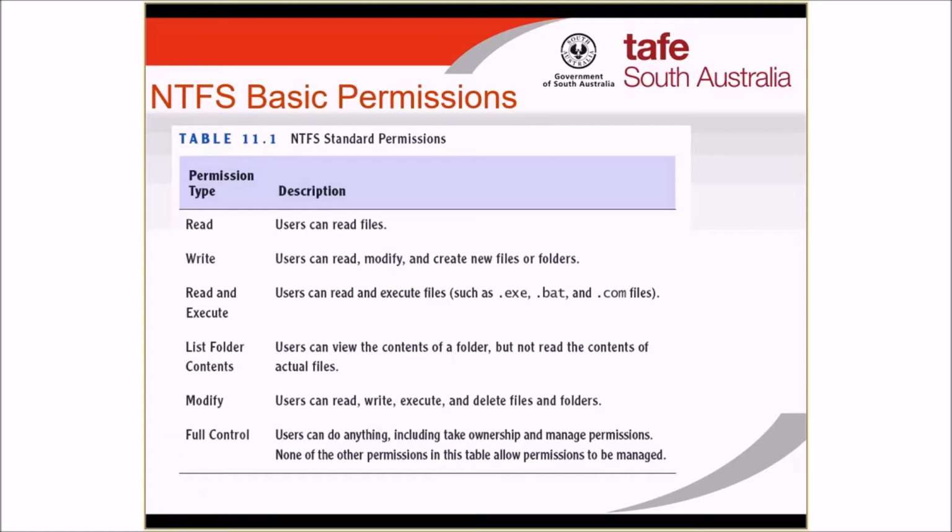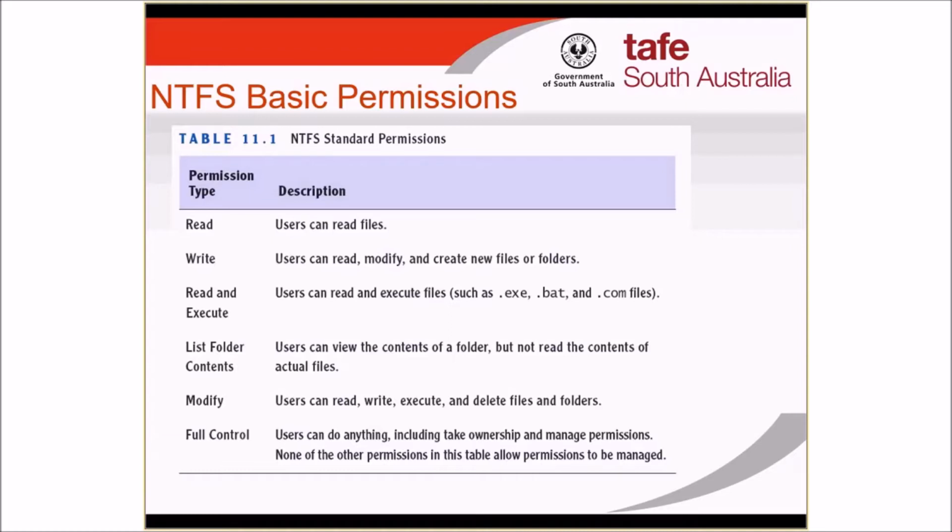It also allows you to take what's called take ownership. When a file is created, the owner of that file is the person who creates it by default. So that counts towards your quota and all that kind of stuff if you're doing quotas.